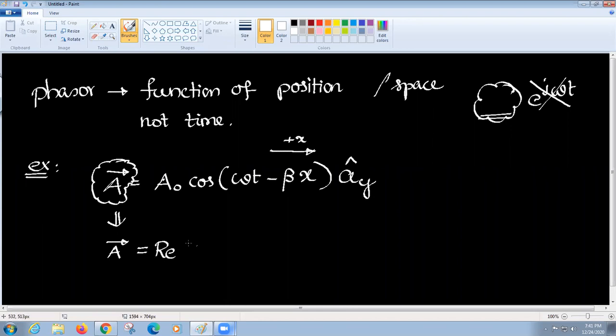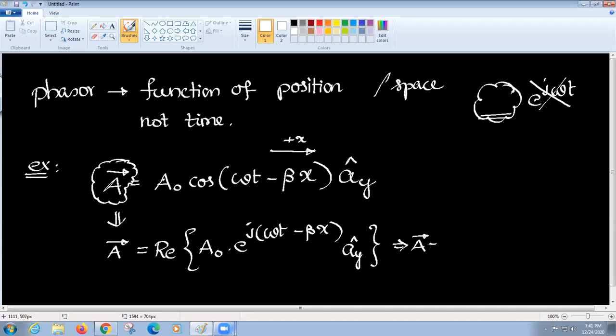So for that, I take this as the real part of A naught e power j(omega t minus beta x), of course with a y roof. So A is equal to the real part of A naught.